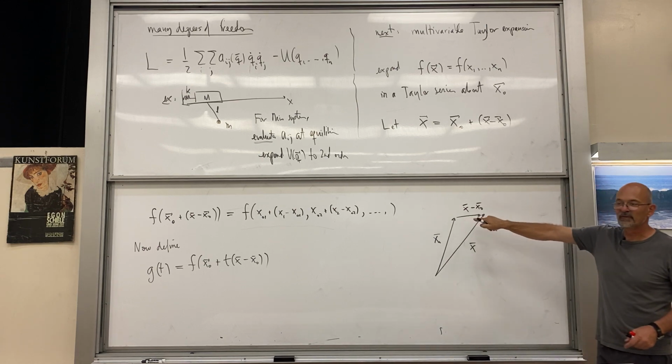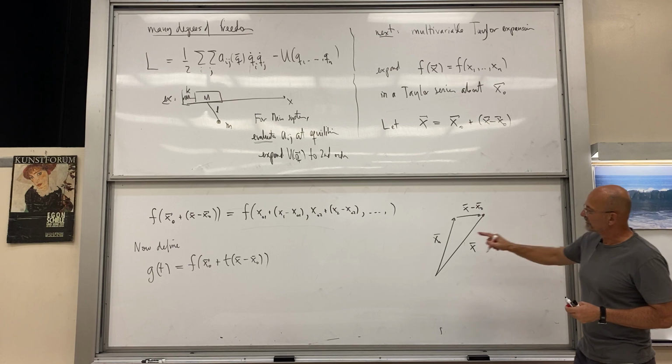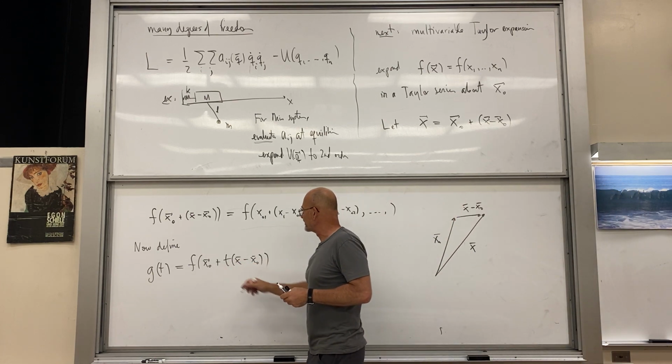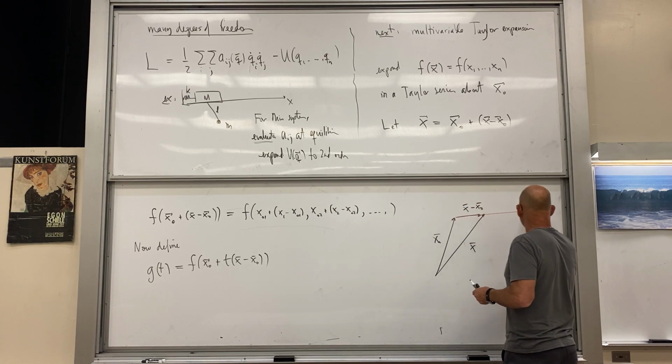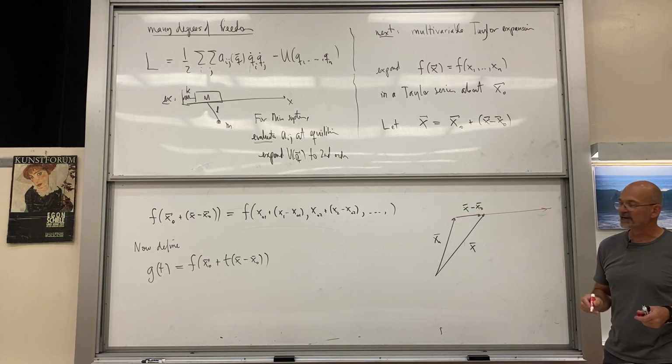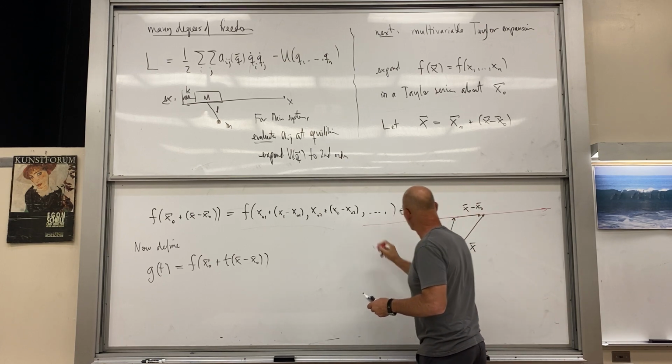Okay, this little difference vector here. And yeah, this is a picture that makes sense. Now if I have t times x minus x0 for t positive, I've got that half line going in that direction, and for t negative, I have that right there.